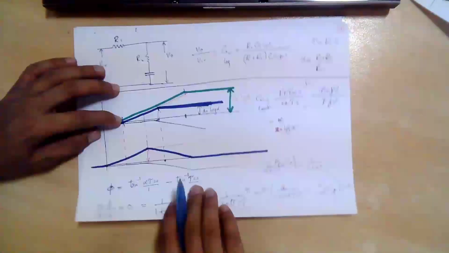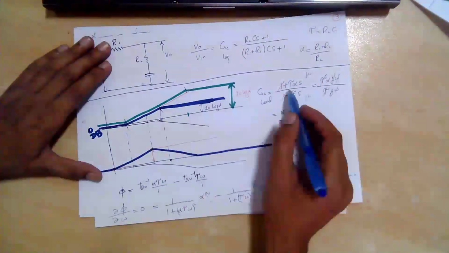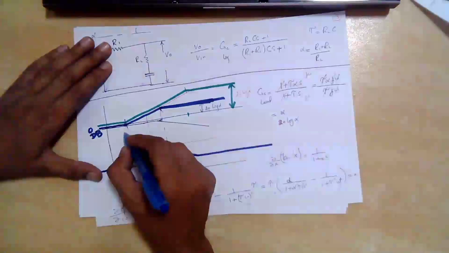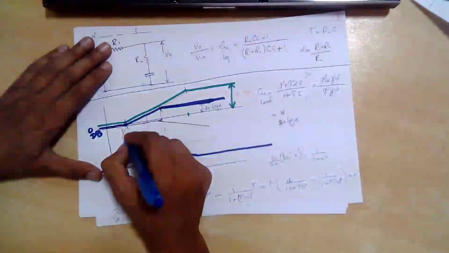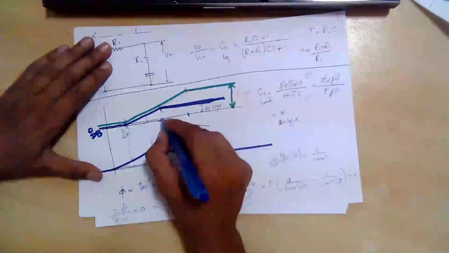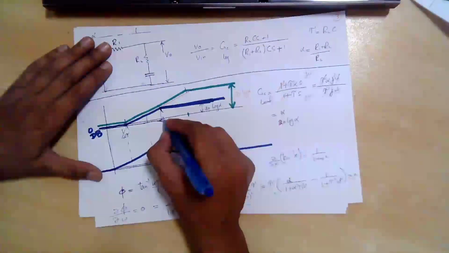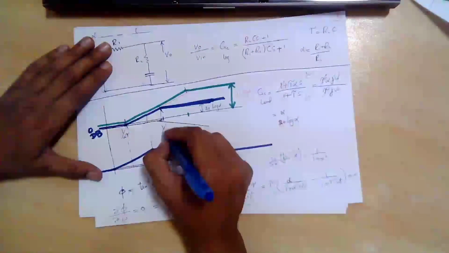And we know what the values of these two corners are. The zero is at 1 over alpha tau, and the frequency corner of the pole is at 1 over tau.